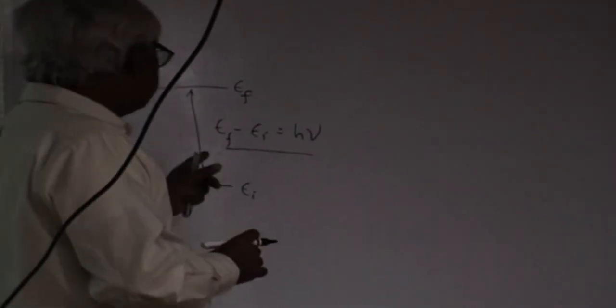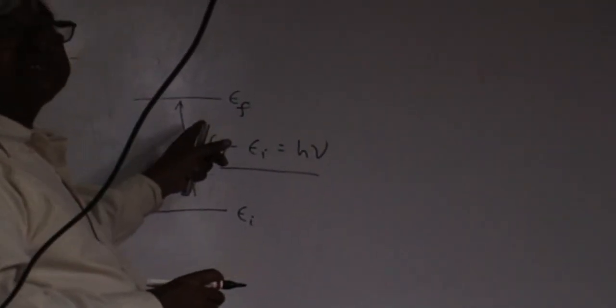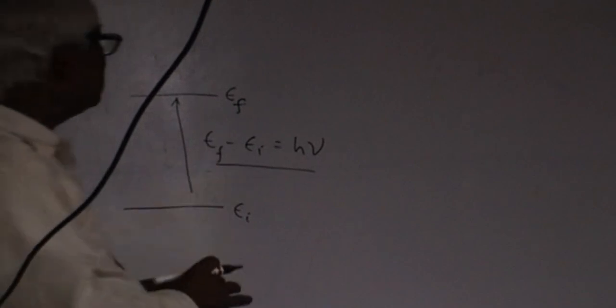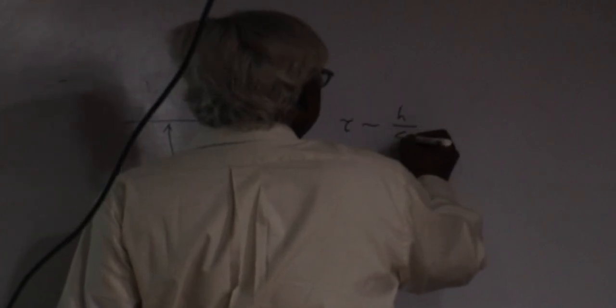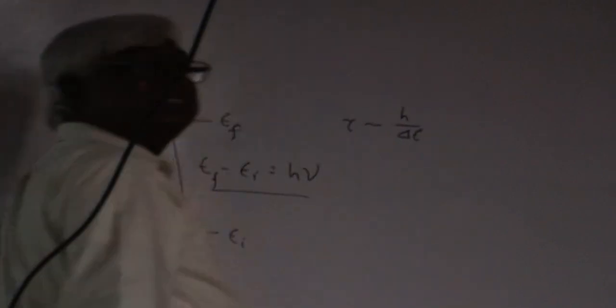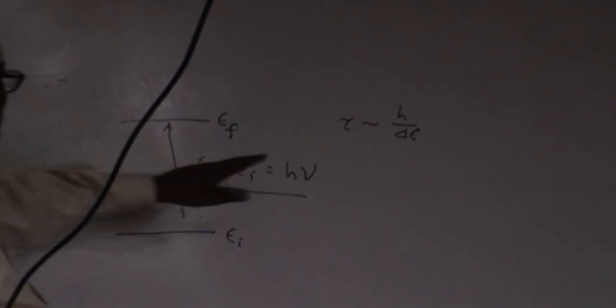This is the time scale associated with spectroscopy. This time scale, tau, is approximately h by delta E, and h by delta E is the time scale.